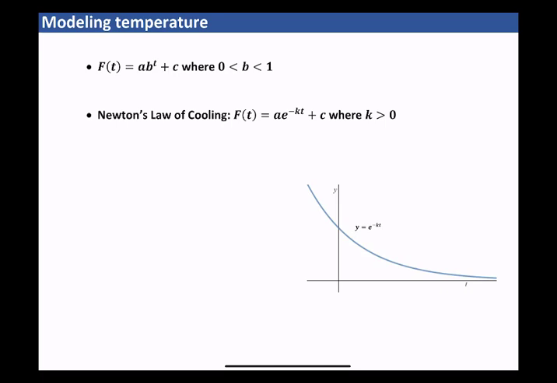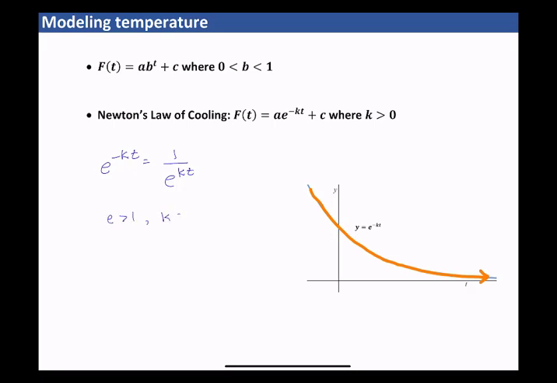In particular, this graph of y equals e raised to the negative kt shows that e raised to the negative kt tends to 0 as t increases without bound. We can also verify this by thinking of e raised to the negative kt as 1 divided by e raised to the positive kt. We know e is greater than 1 and k is positive.